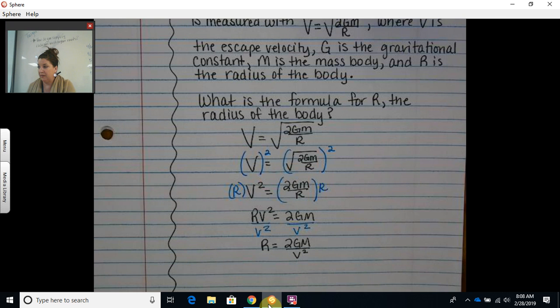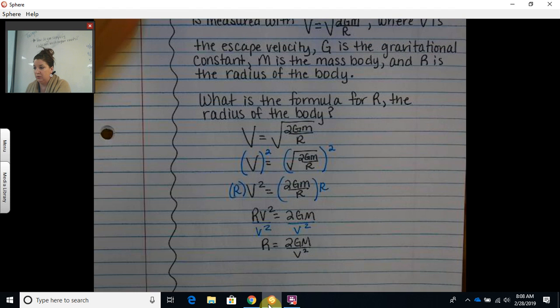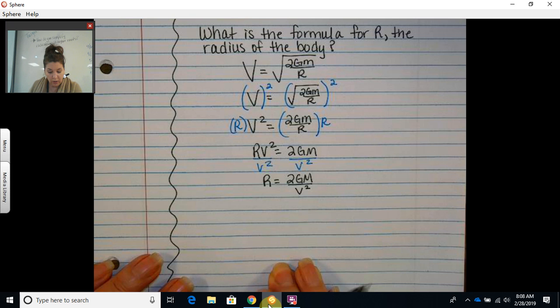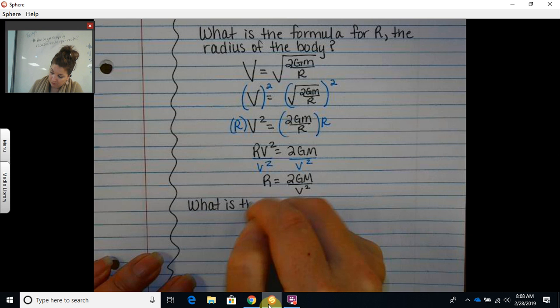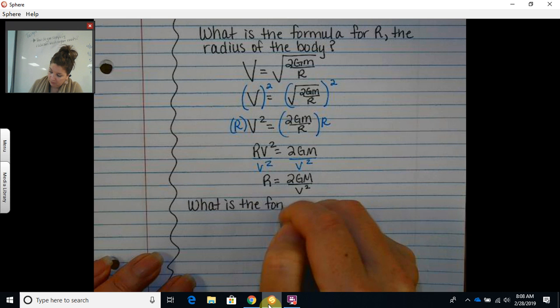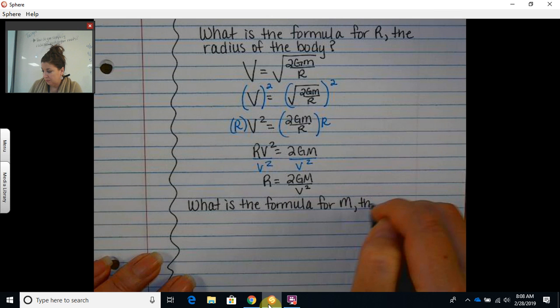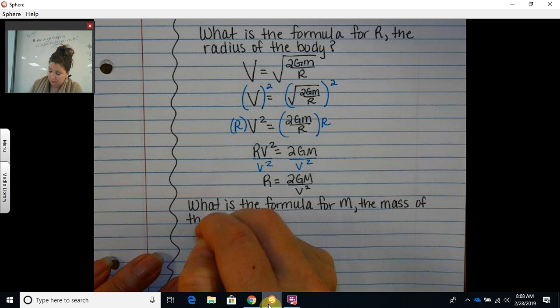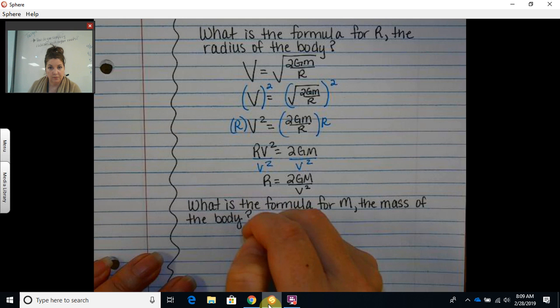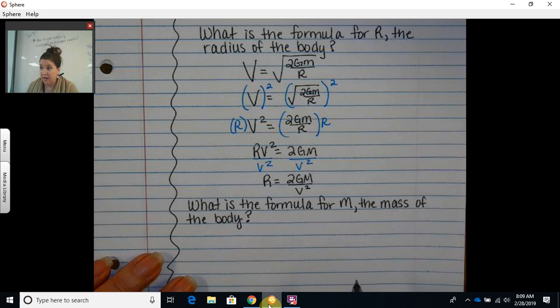Anybody have questions? One more part to this example. What is the formula for m, the mass of the body? So we can either go back to the original formula for escape velocity, which is when the v was isolated, the formula for escape velocity.